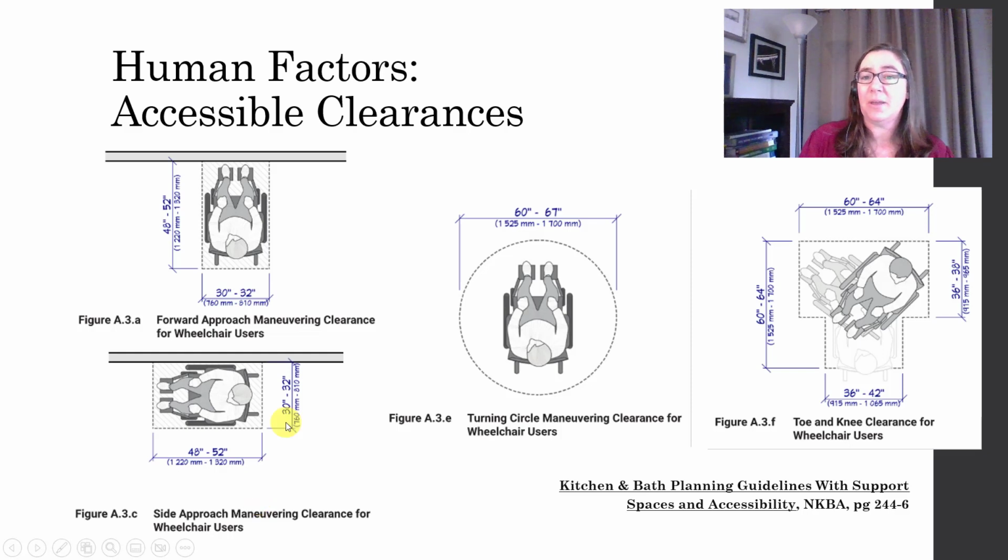And you also need to make sure that they are able to move around and turn around in your space. This could be a turning circle clearance or a T-shaped clearance, right? If you've ever done a three-point turn in a car, you know how a T-shaped clearance is going to work.